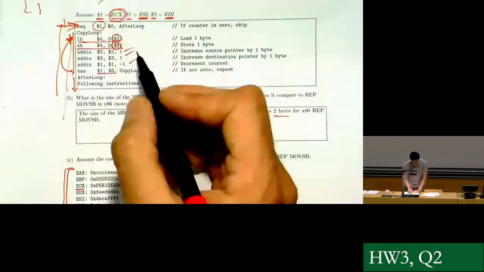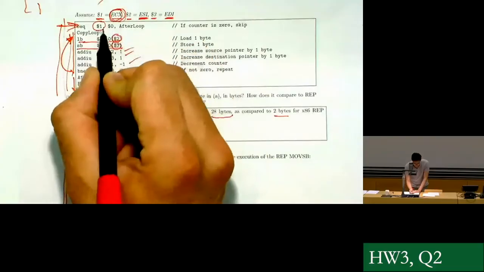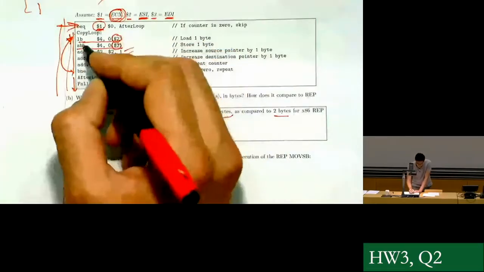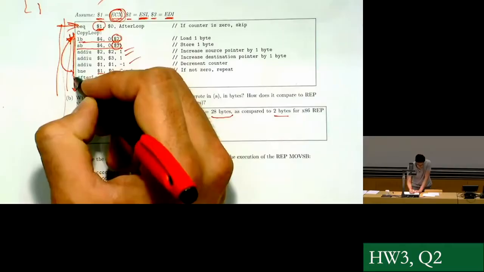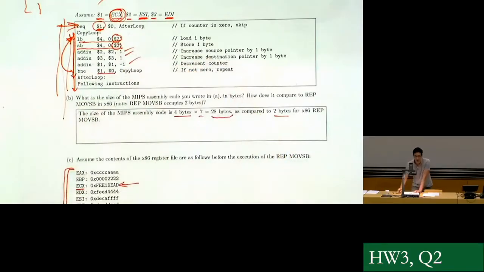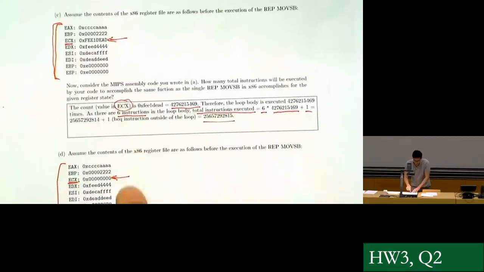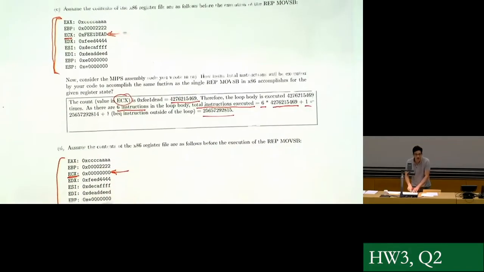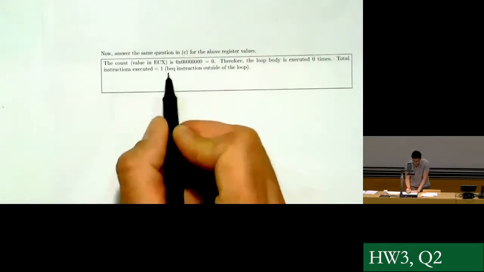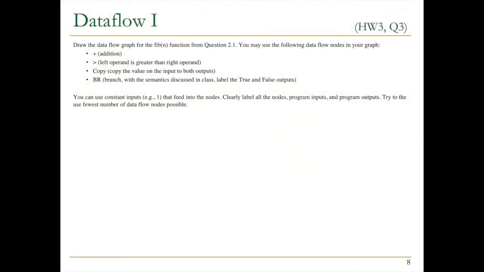This register 1 is 0, so we don't execute the loop body any single time. So the total number of instructions that are executed in this case with these contents of the register file is only 1. It's only the first BEQ instruction that you have in the code. Is that clear? Okay, let's.